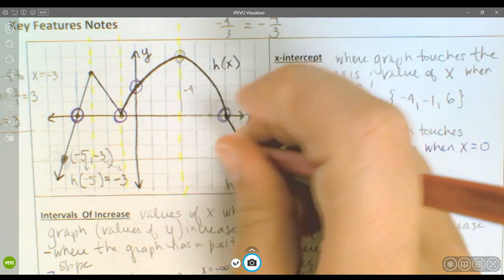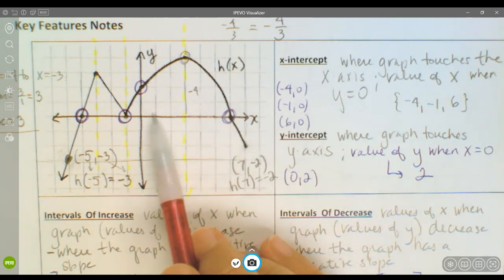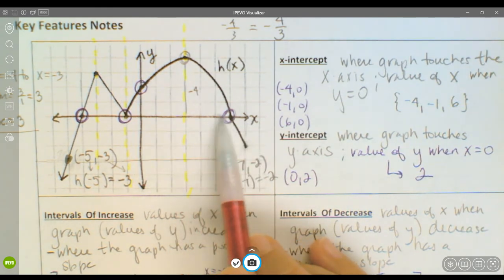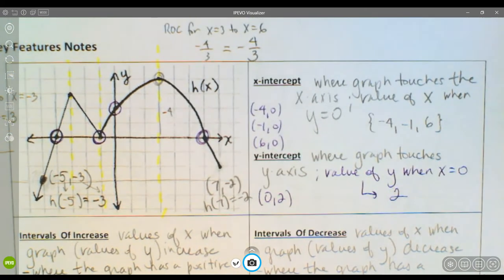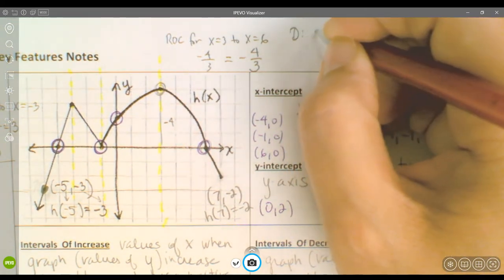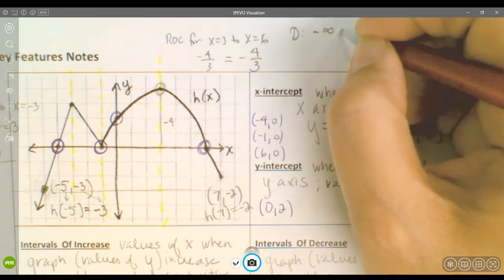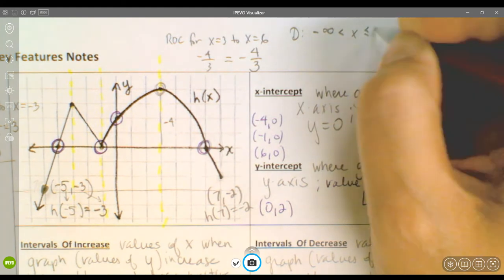And the reason I know it stops there is because there's not an arrow to tell me to keep going. This is the end point. And what is that x coordinate? 1, 2, 3, 4, 5, 6, 7. So it looks like my domain, I'll put the domain here for now, my x value goes from -infinity to equaling 7.